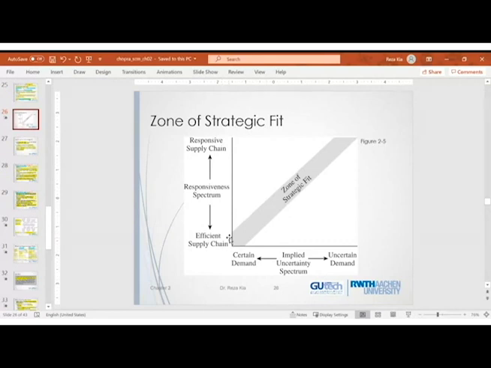On the other side, if we have a high level of uncertainty, then to have a strategic fit, we need to design a supply chain in a responsive manner. So efficiency in a certain environment, and responsiveness in an uncertain environment. So that would be the concept of a strategy.